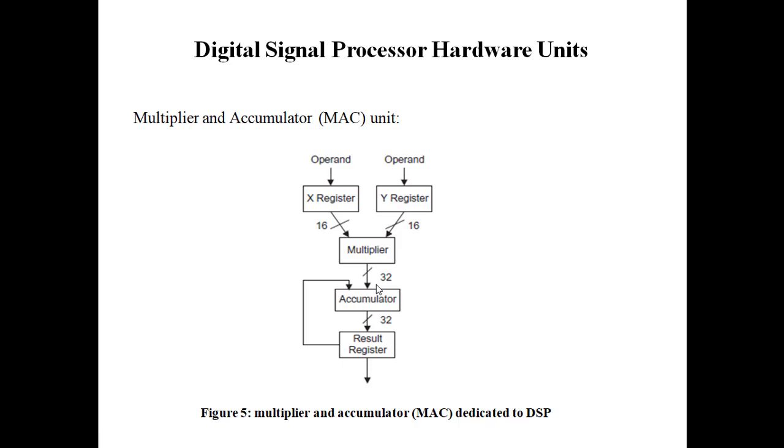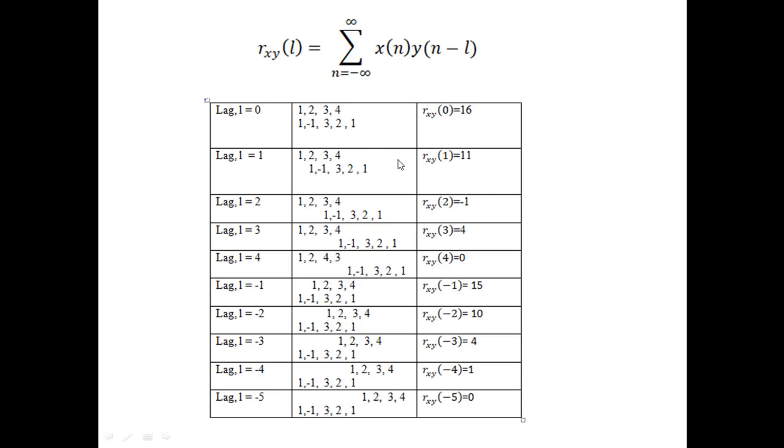And with respect to the example, this 16-bit x of n is stored in the x register and this is stored in the y register. Okay, and this 1 into 1 has been multiplied, right?